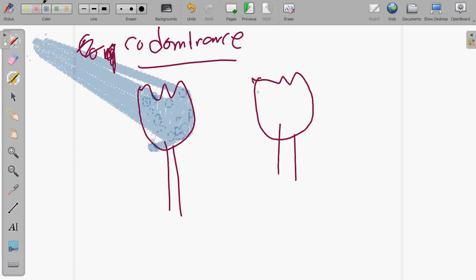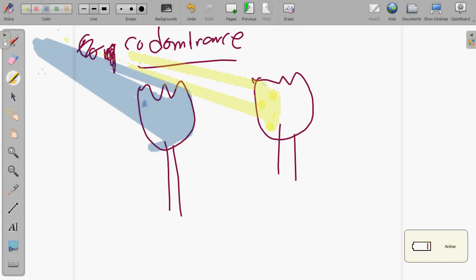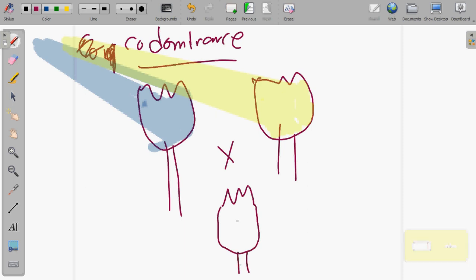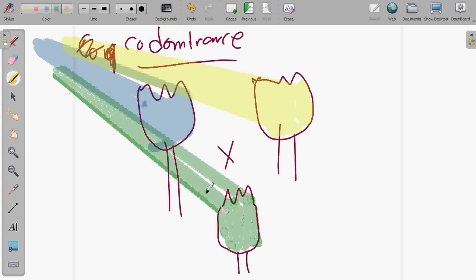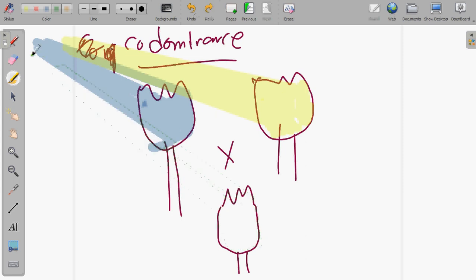And let's say this flower is yellow, okay?